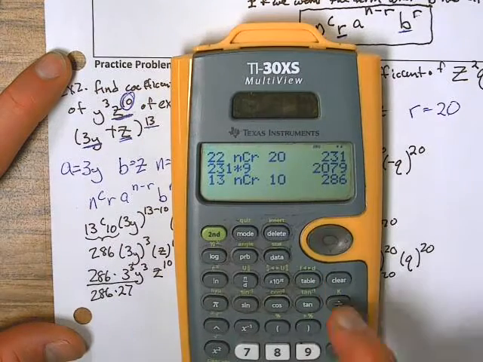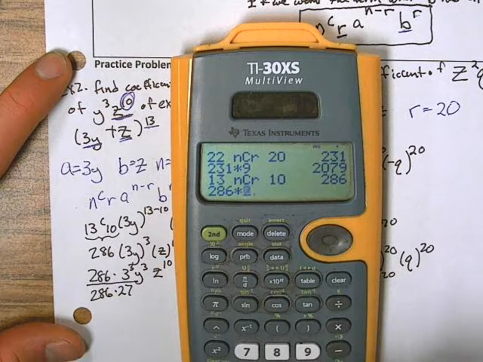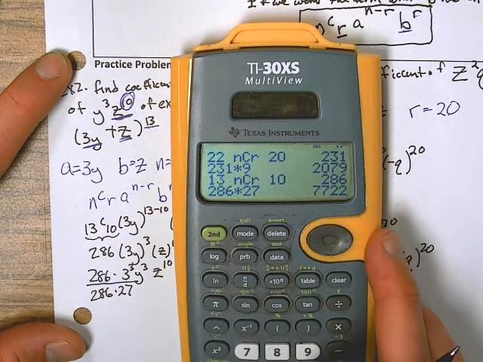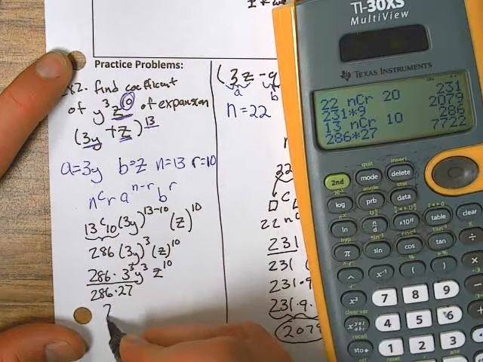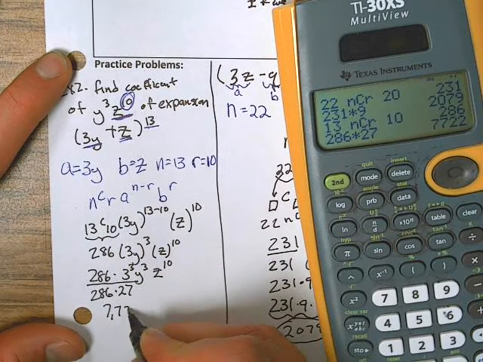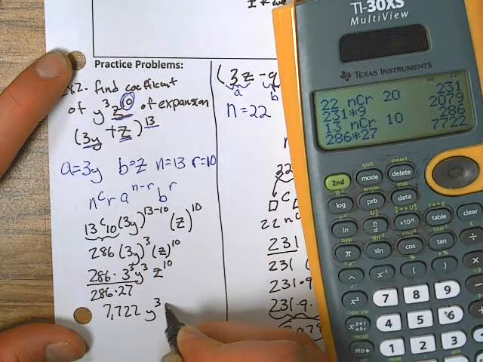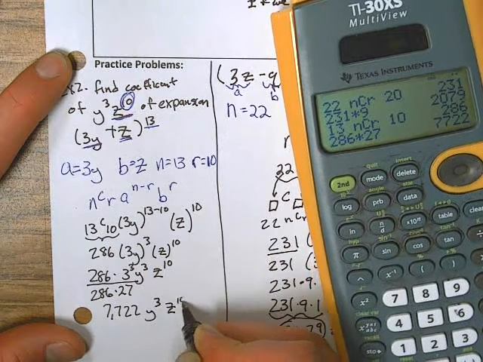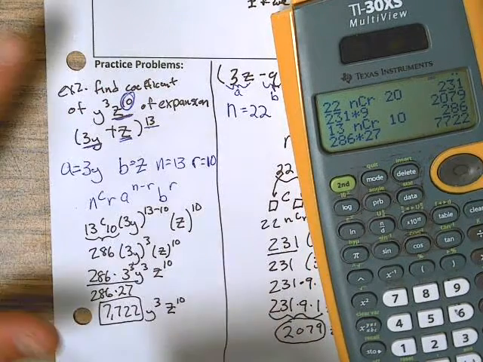So 286 times the 3 to the third, or 27, gives me 7,722. So it'd be 7,722 y cubed z to the 10th. That is my answer there.